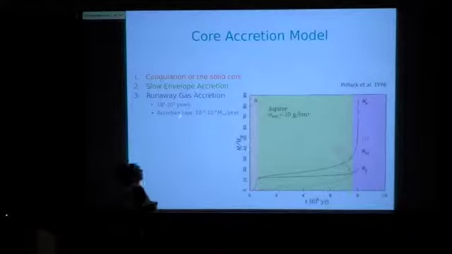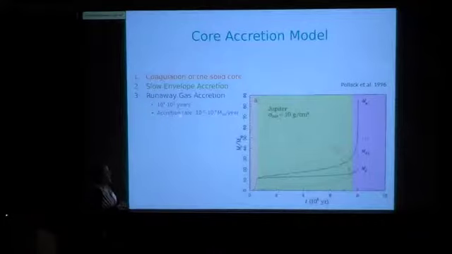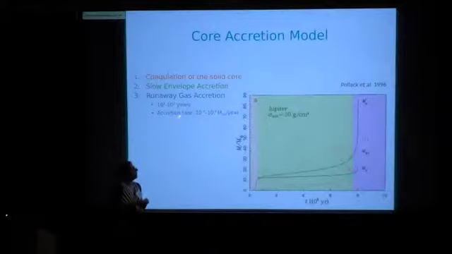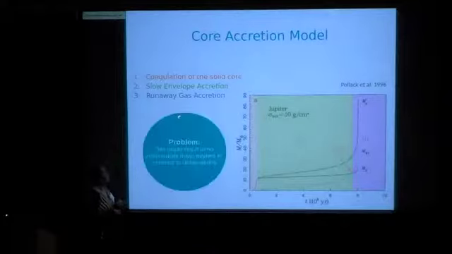This model of Pollack was originally one-dimensional, and it predicted that in this third phase, basically within 10,000 years, we would form a Jupiter mass planet. So that would mean an accretion rate of 10 to the minus 4 Jupiter masses per year. And please remember this because it will be important later on.